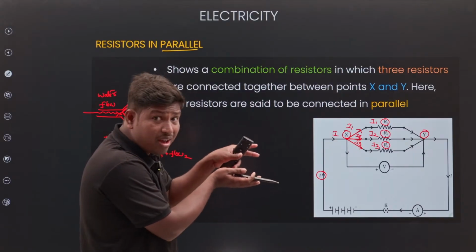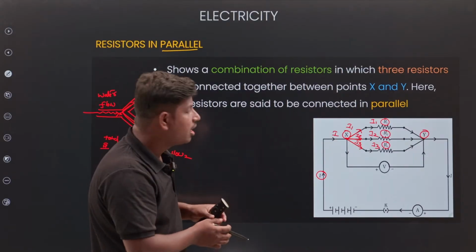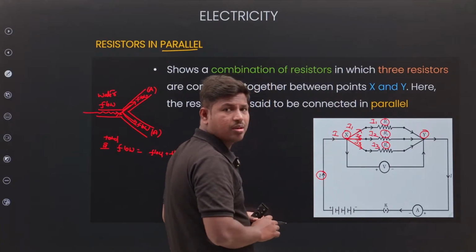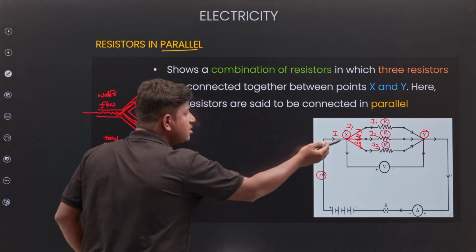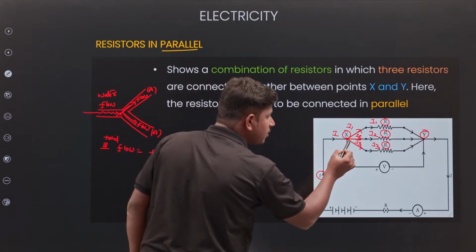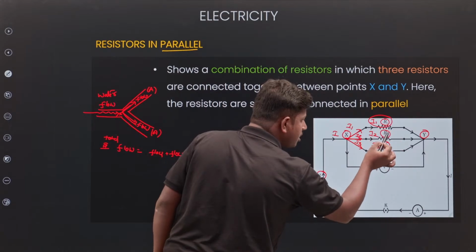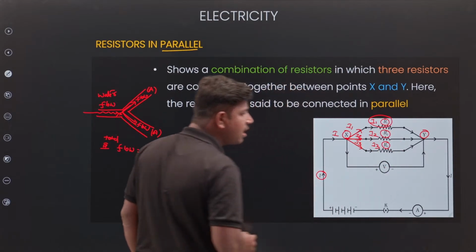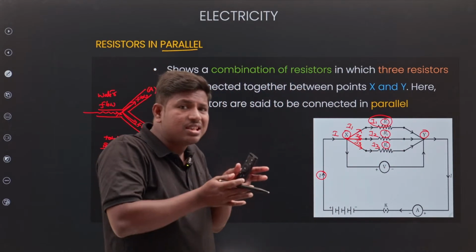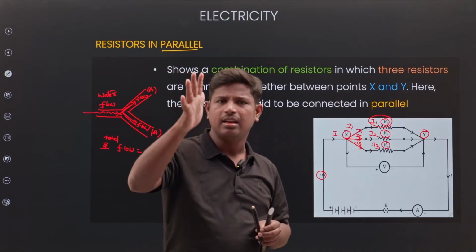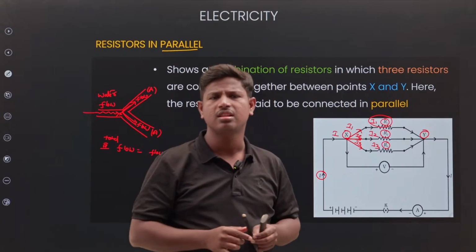Whenever current is divided, the potential is the same. At X, see I1 R1; here the potential is I2 R2; here the potential is I3 R3. Remember, if resistors are in series, the flow is the same, the current is the same. If resistors are in parallel, the potential is the same. When the potential is the same, the resistors are parallel. When the current is the same, the resistors are in series.